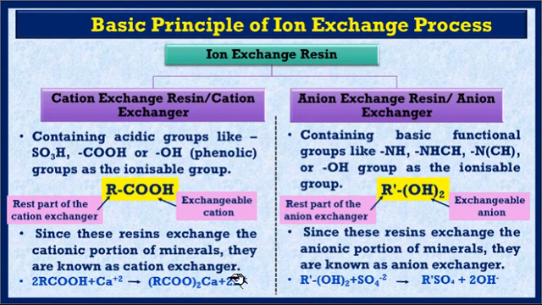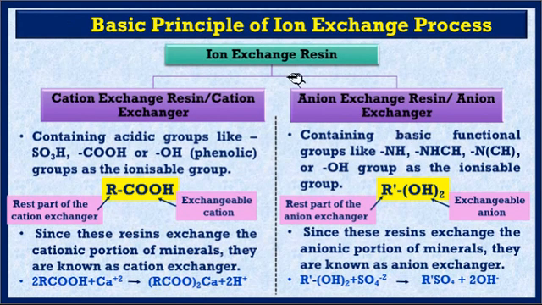So now in the water, in place of the calcium ion, the H plus ion remains, while the resin is converted into the calcium form instead of the hydrogen form. So this is the basic principle of how the cation exchange resin exchanges its H plus ion with calcium or magnesium ions, and how it is useful for the water softening process.